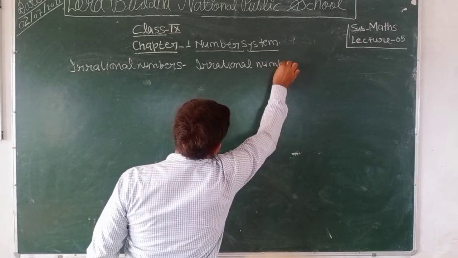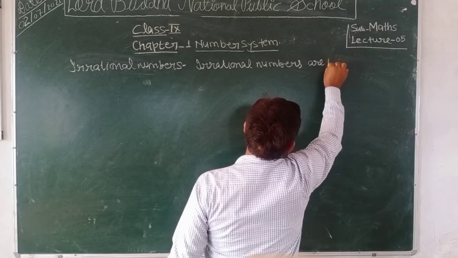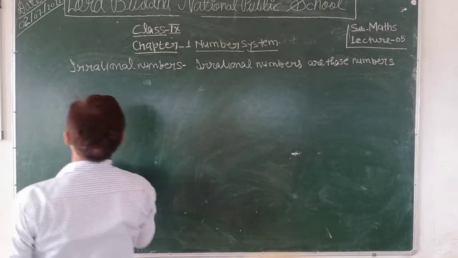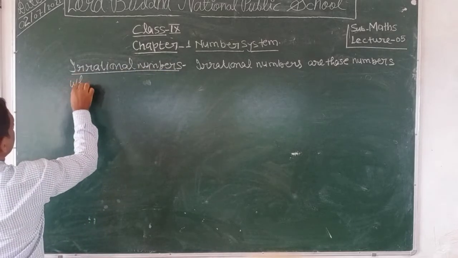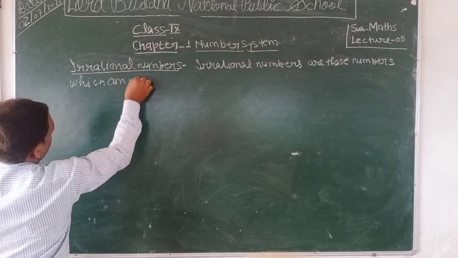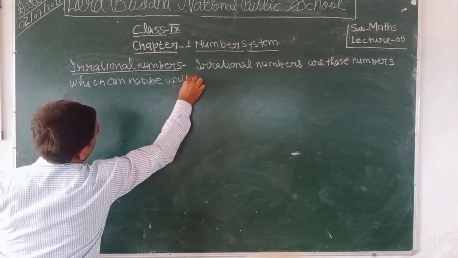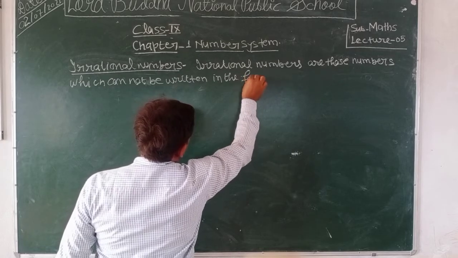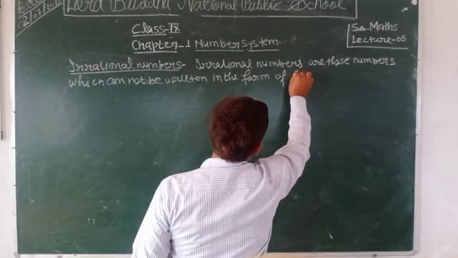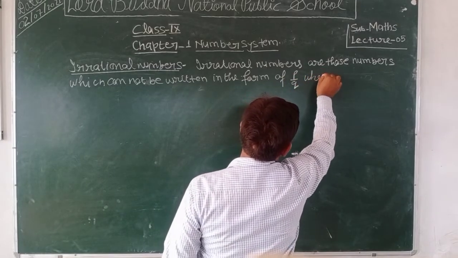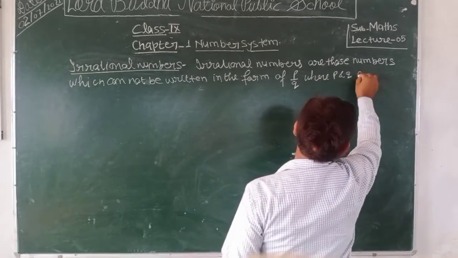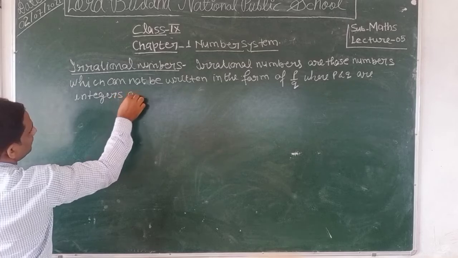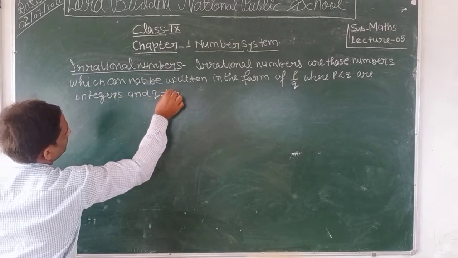Irrational numbers are those numbers which cannot be written in the form p upon q, where p and q are integers and q is not equal to 0.